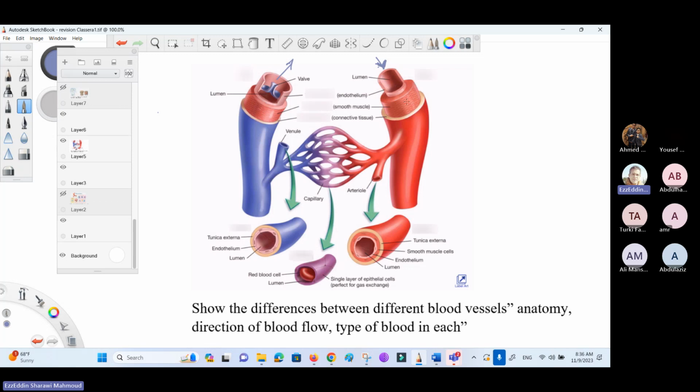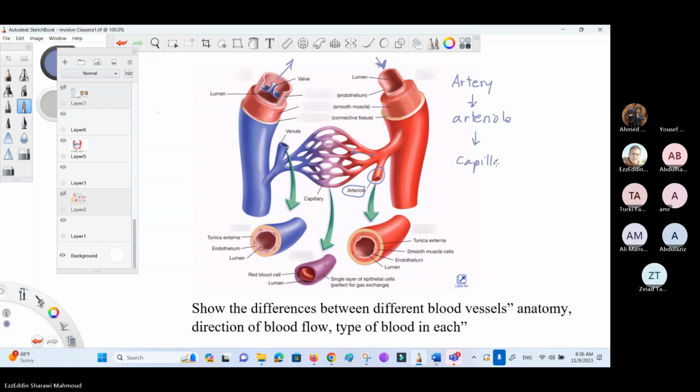The first one is called artery. Next, the artery divides into many arterioles like that one. This one is an arteriole. The arteriole will divide into tiny blood capillaries. Okay, let's use another, sharper color.